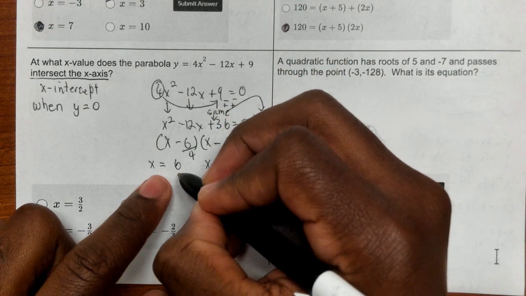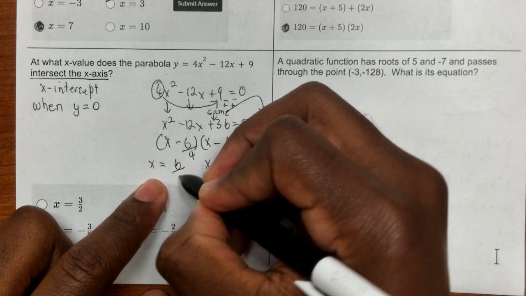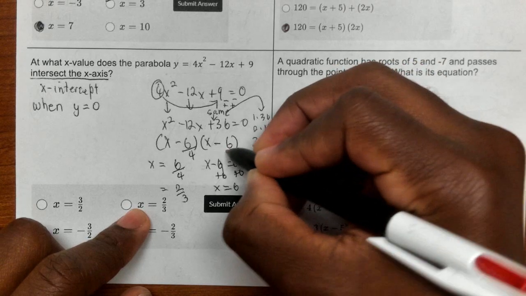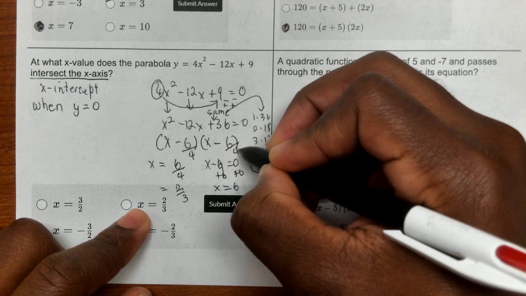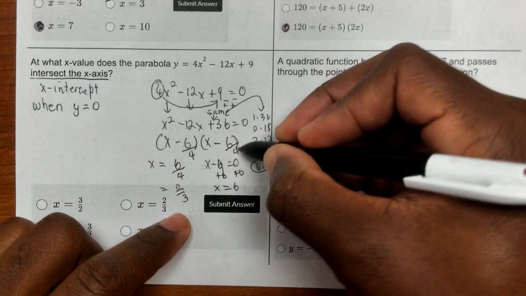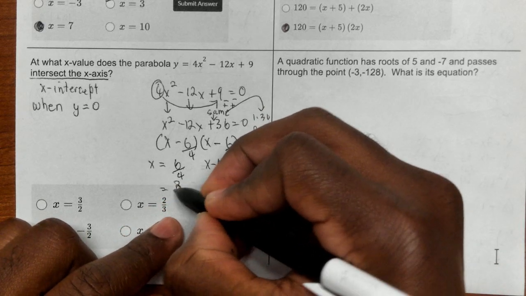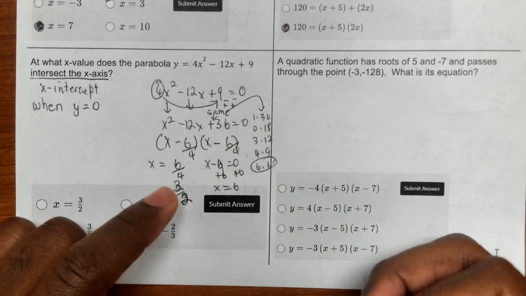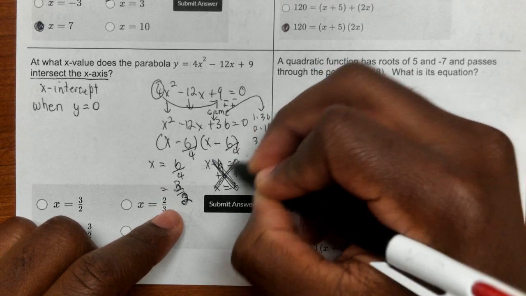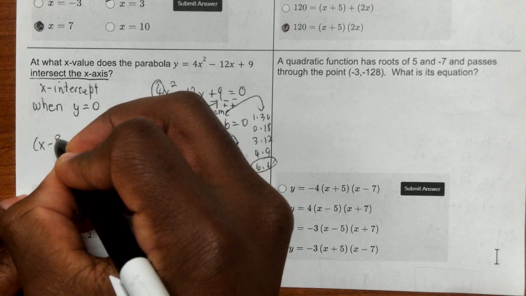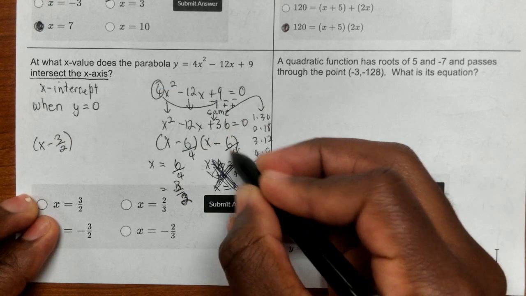Okay? So this would have been 6 over 4, which simplifies to be 3 over 2. Divide by 4. So again, you can't divide this by 4, but you can simplify it to be 3 over 2. Apologies, guys. So here I would have the x minus 3 over 2, because both of them are simplified by 2.